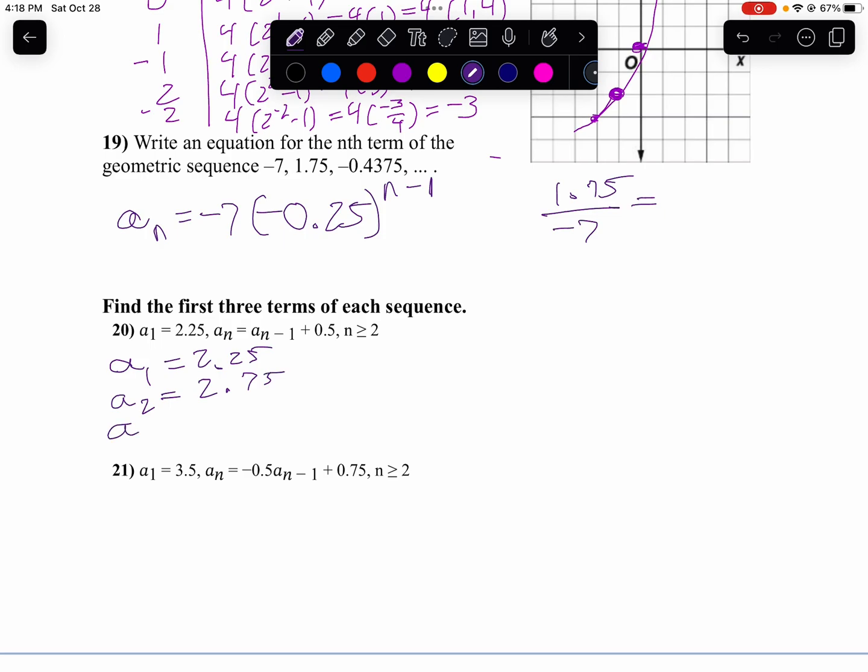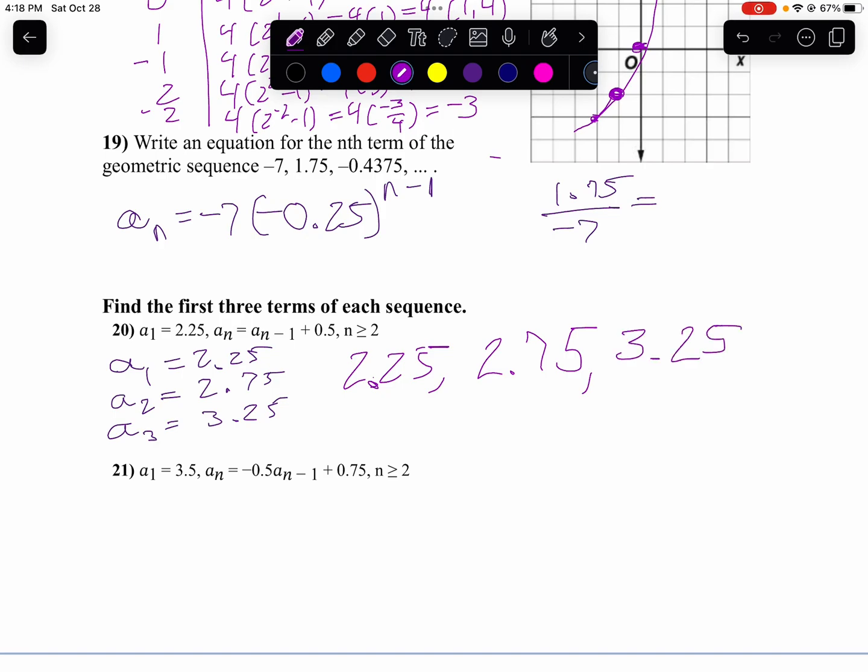My third term, I'll add 0.5 to that, and I'll get 3.25. And there are your first 3 terms: 2.25, 2.75, and 3.25.